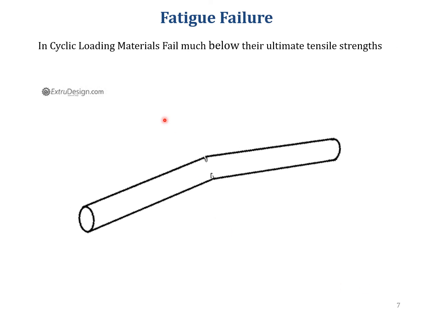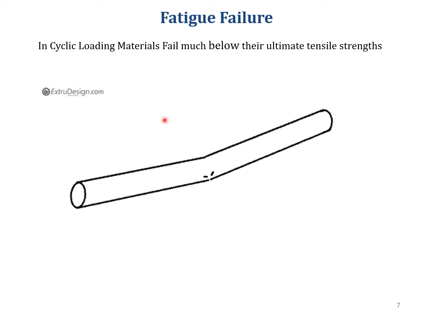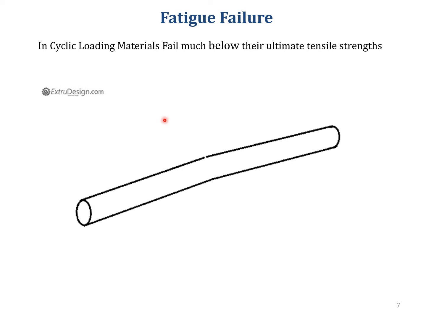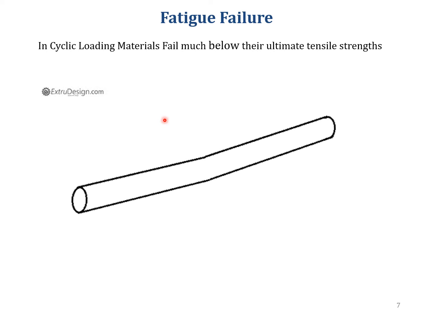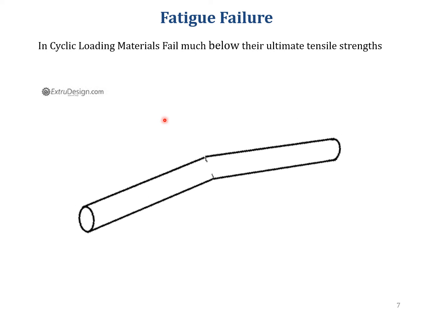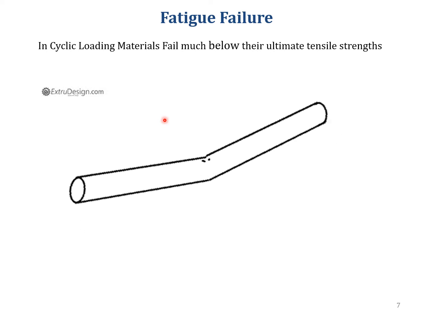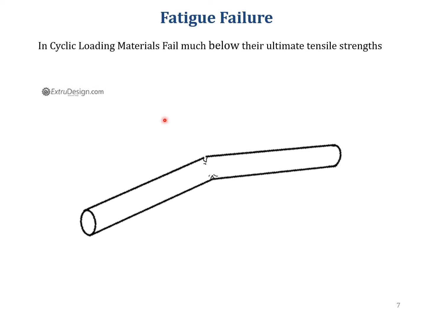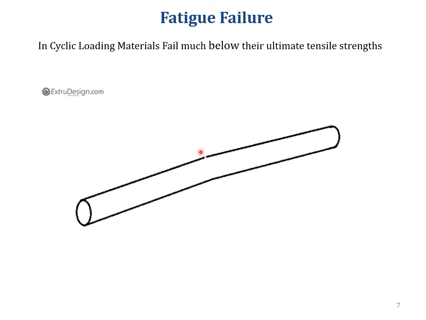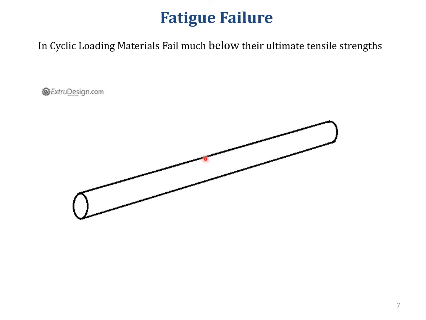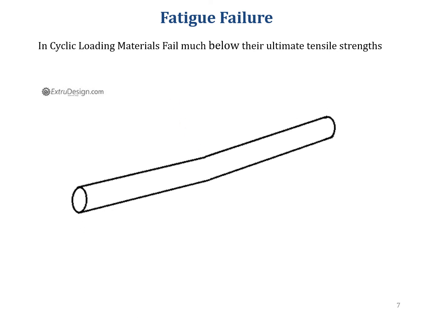In cyclic loading, the material fails at much below its ultimate tensile strength. Such failure is called fatigue failure. When the material is subjected to a cyclic load, there is crack initiation, propagation, and then failure.